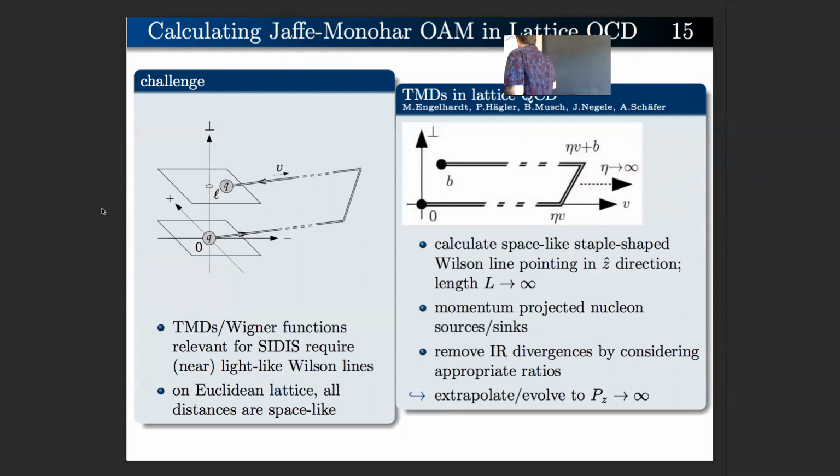So the idea is kind of similar to how people approach quasi PDFs or pseudo PDFs, but what you say is, okay, all I can do is calculate a space-like staple, but a space-like staple in a fast-moving nucleon is equivalent to a near-light-like staple in a nucleon at rest.